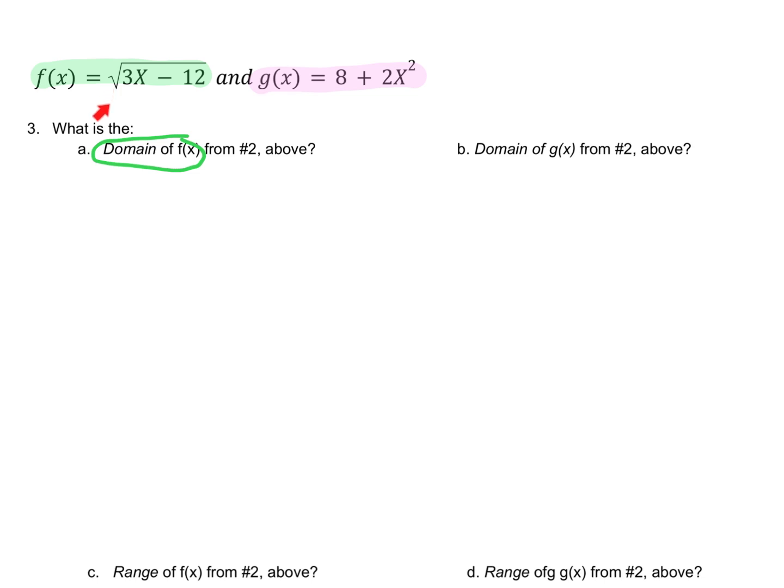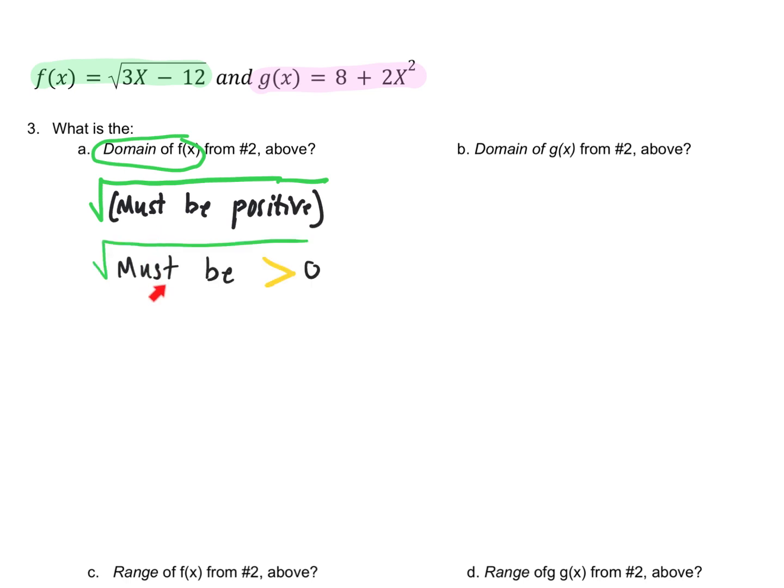So that means that what we're taking the square root of must be positive, which, as you know, can also be expressed by saying that it must be greater than 0, which means that what we're taking the square root of, which is 3x minus 12, must be bigger than 0.